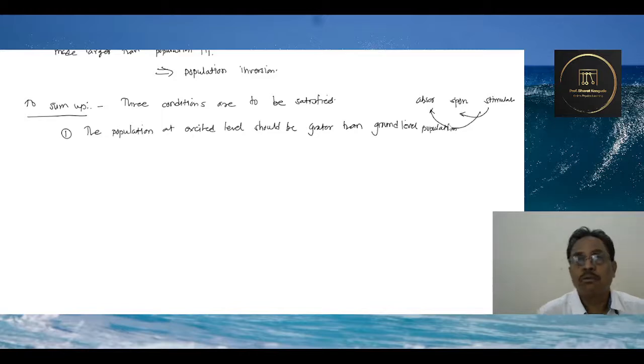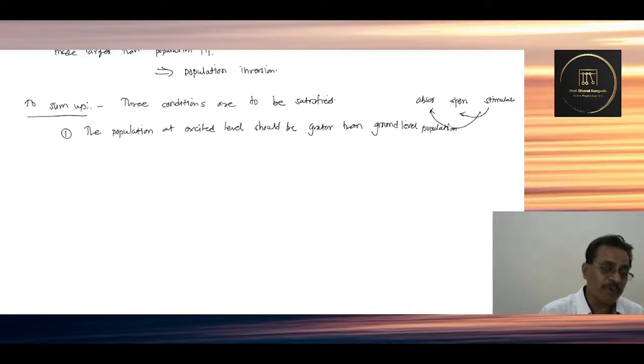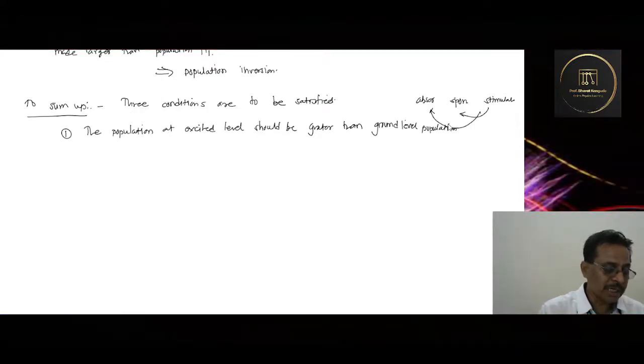This is a requirement for large laser action. Laser action in a single one or two atoms is not useful. A very large number of atoms, billions or so, have to be excited and de-excited simultaneously, and thereby we can produce such stimulated emissions.